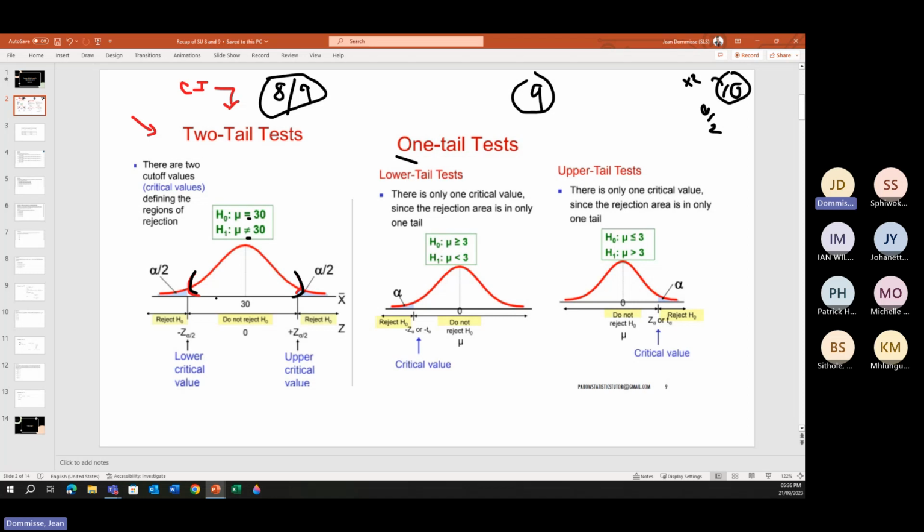So if we sit with a 95% confidence interval, the 95% will sit in the middle. On this side, there will be 2.5%, and on this side, there will be 2.5%.